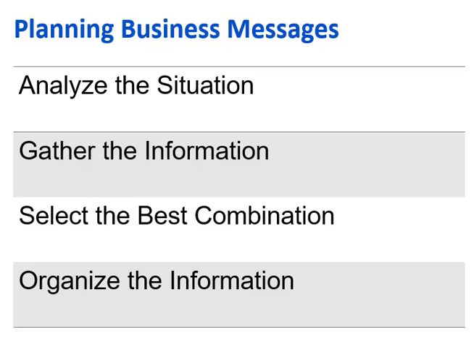This is the planning stage. Analyzing is the idea, okay, what do I need to accomplish with this communication? Gathering the information, okay, I have to do research in terms of all the information that I have to put forth. In other words, what information do I need to tell everybody what they need to know. And organization, of course, is how am I going to put this information together?